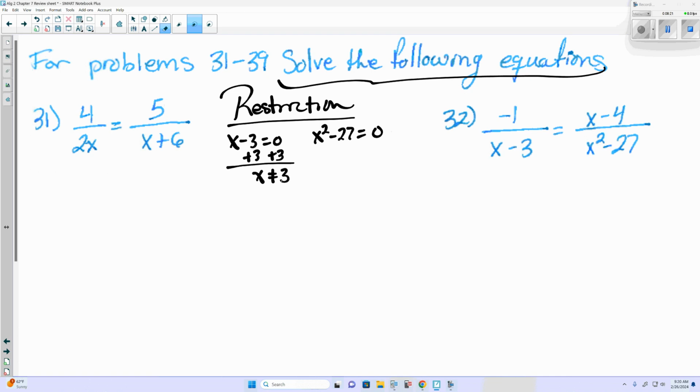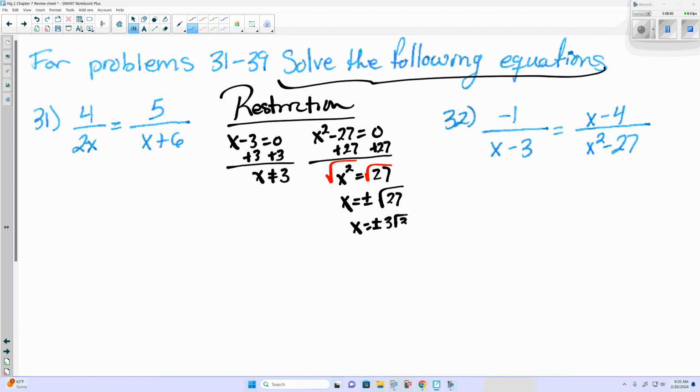For x minus 3, we would add 3, telling us x cannot be 3. For our x squared minus 27, well, we would add 27 to both sides, telling us x squared is equal to 27. From here, we can square root both sides, telling us x is equal to plus or minus the square root of 27, which is actually 3 square root of 3.